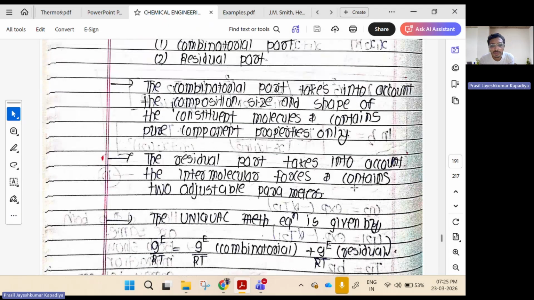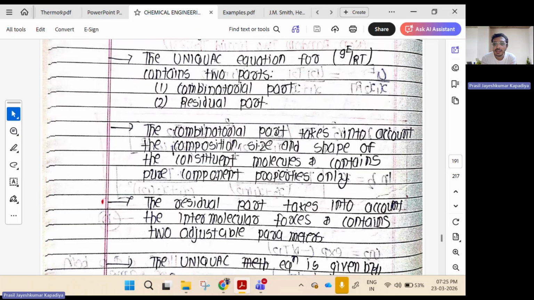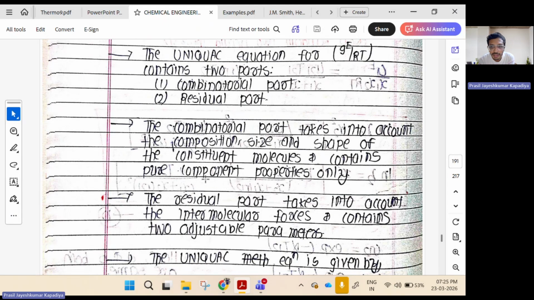The combinatorial part takes into account the composition, size and shape of the constituent molecules and contains pure component properties. So it is only dependent on pure component properties. The residual part takes into account the intermolecular forces, and it contains two adjustable parameters.